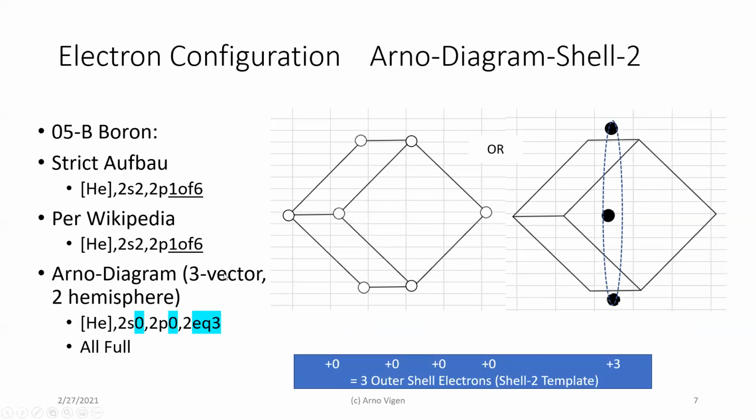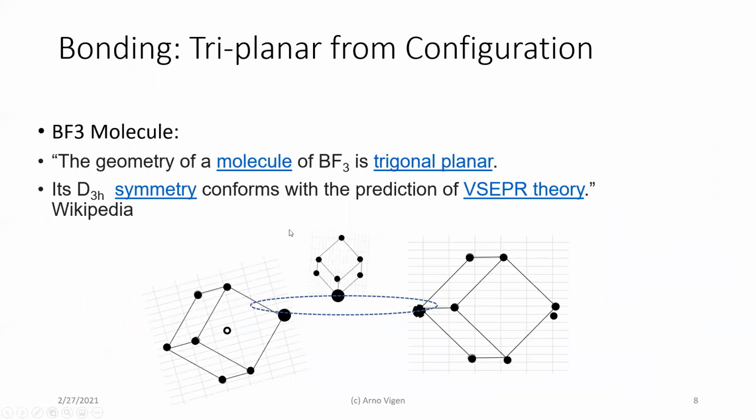However, the Arno-Diagram tells you that it's helium, then nothing in the S, nothing in the P, and 3 in the equatorial. The equatorial is always 3. And whichever ones are here are either all full or all empty. Now, why do I think that my method is done?